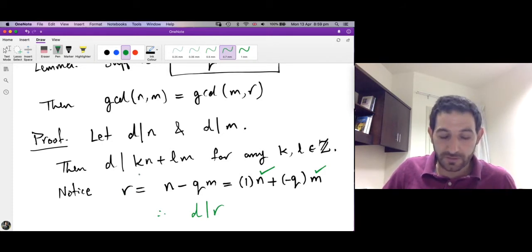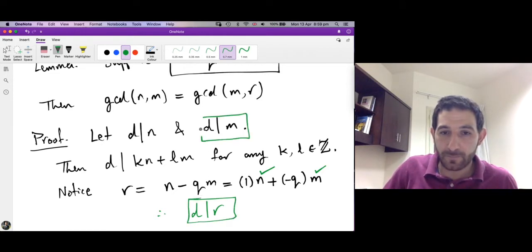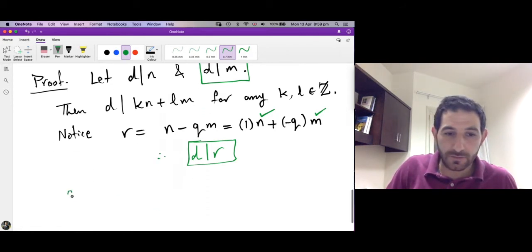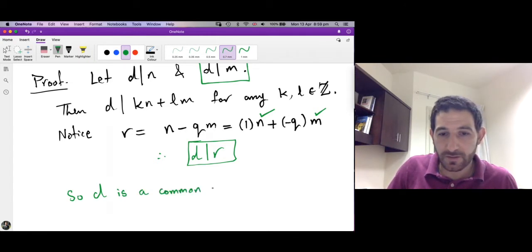So what do we know? That d divides r and also d divides m. This means that d is a common divisor of m and r.